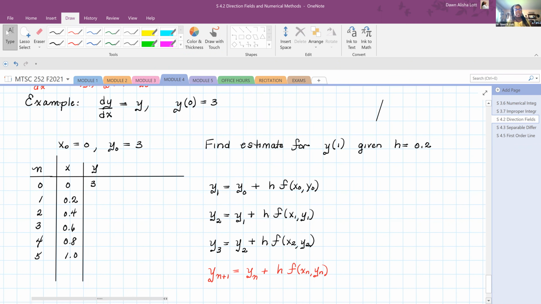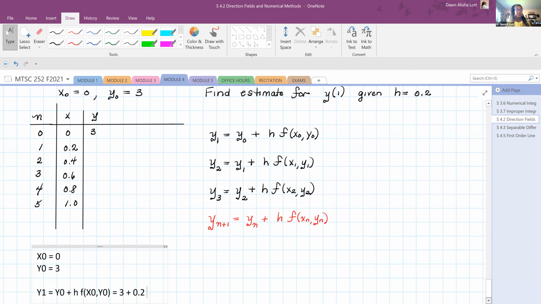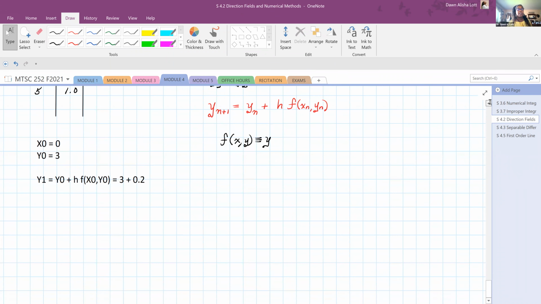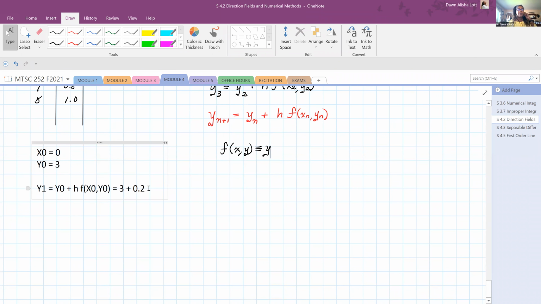So whenever I need to evaluate f of anything, f of x, y is just the function y in this problem. Okay, so therefore, where I need to multiply by f of x0, that's just y. So I'm going to multiply by the y value, and the y value is 3.